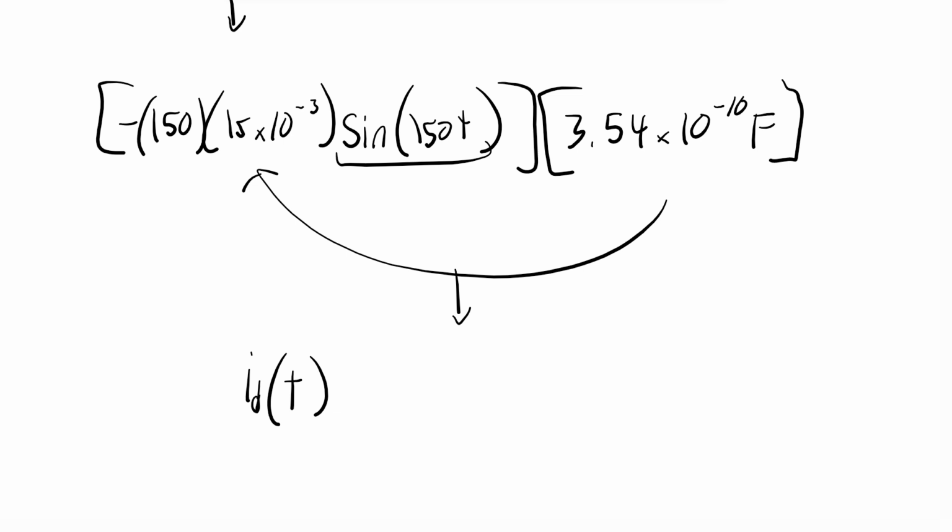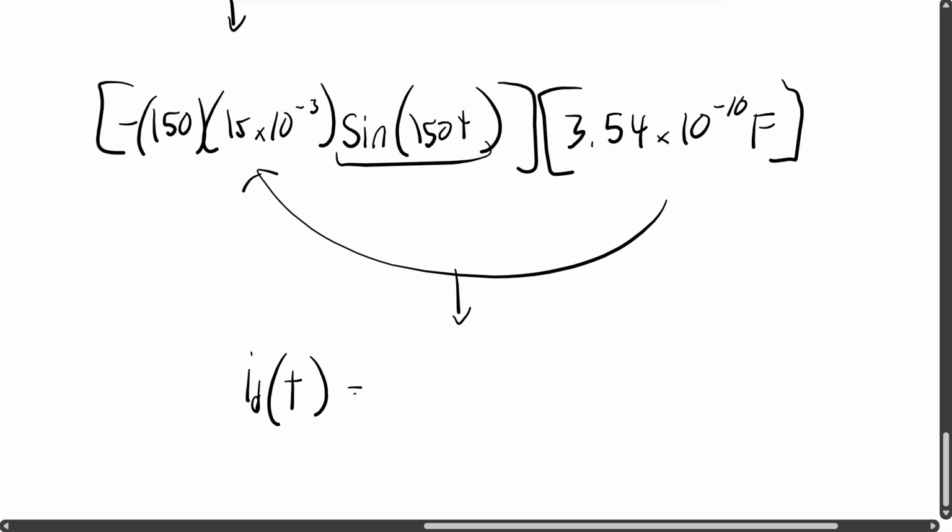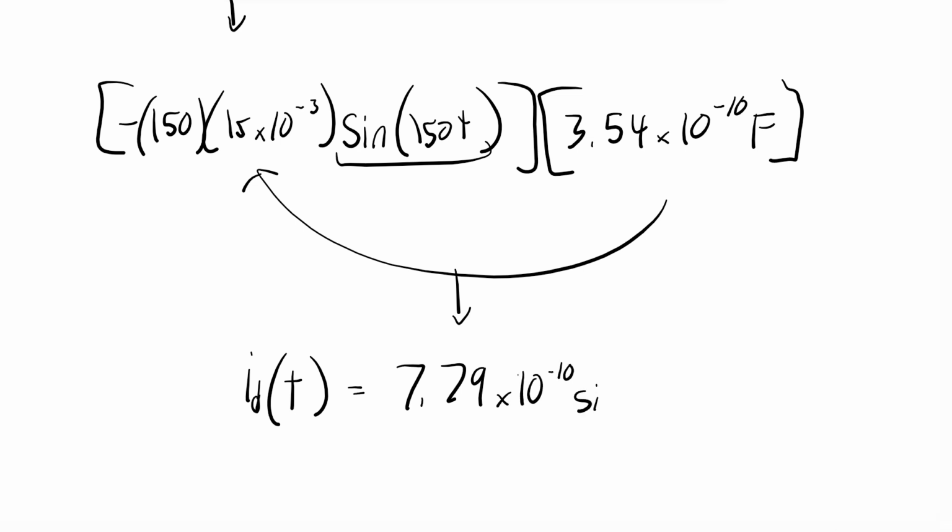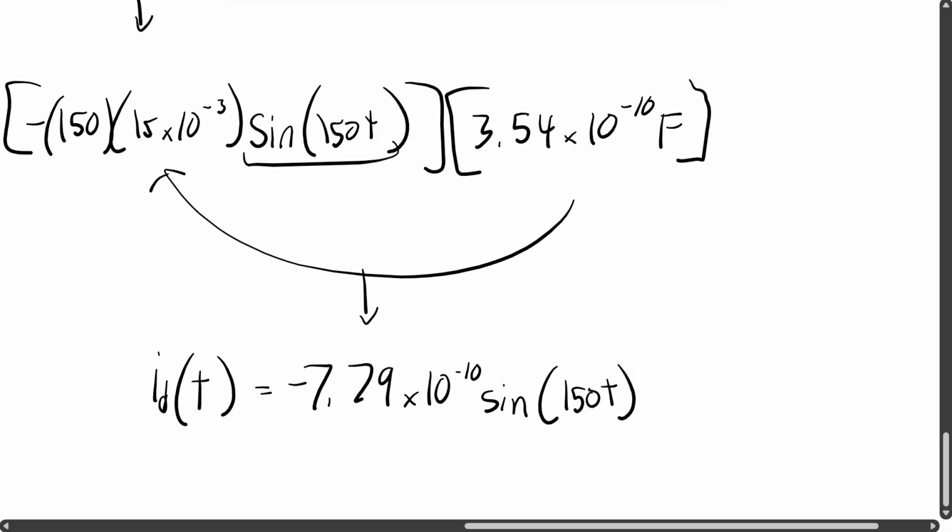And that whole mess comes out to 7.79 times 10 to the minus 10 sine, and of course we have our minus sign here, sine of 150t, and this is measuring current, so we have units of amps. And that's the idea.